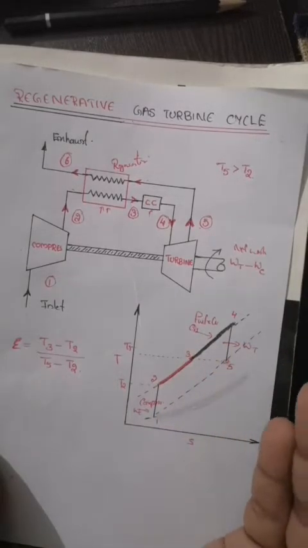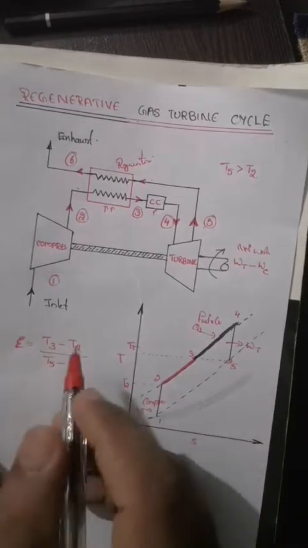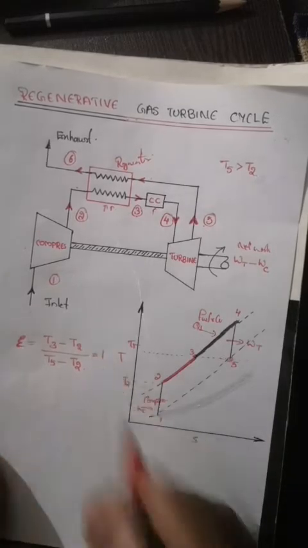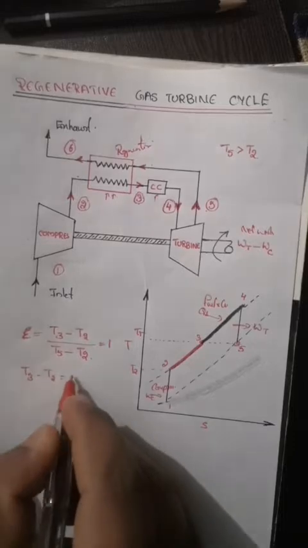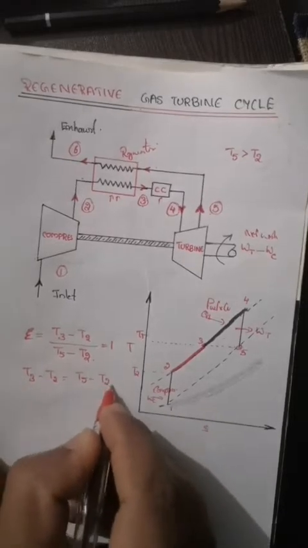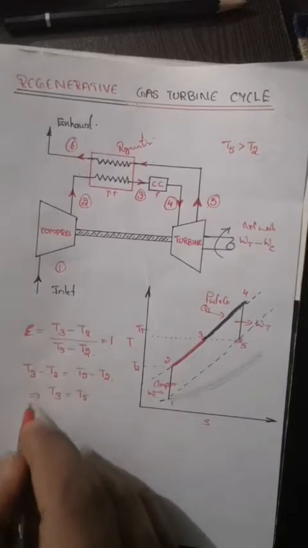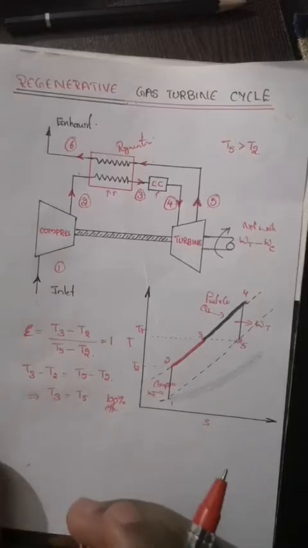Usually we have the regenerator effectiveness in the range of 0.7 to 0.9. So if the regenerator effectiveness was 100%, we can substitute A equal to 1, or in other terms, T3 minus T2 is equal to T5 minus T2, or T3 is equal to T5 for a 100% effective regenerator system.